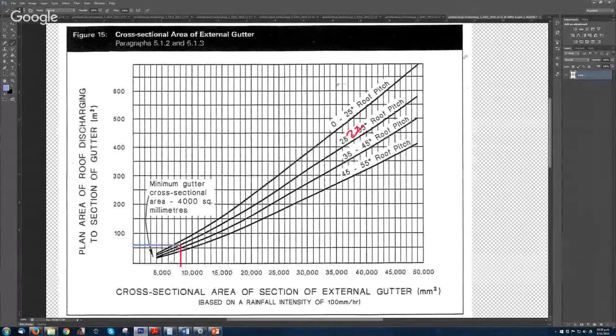So you trace it. You're right here. That's the 27-degree pitch line. And then as you go down, you're up here. So that's 5,000, 6, 7, 8,000. Yeah, that's how I got that number. Good.